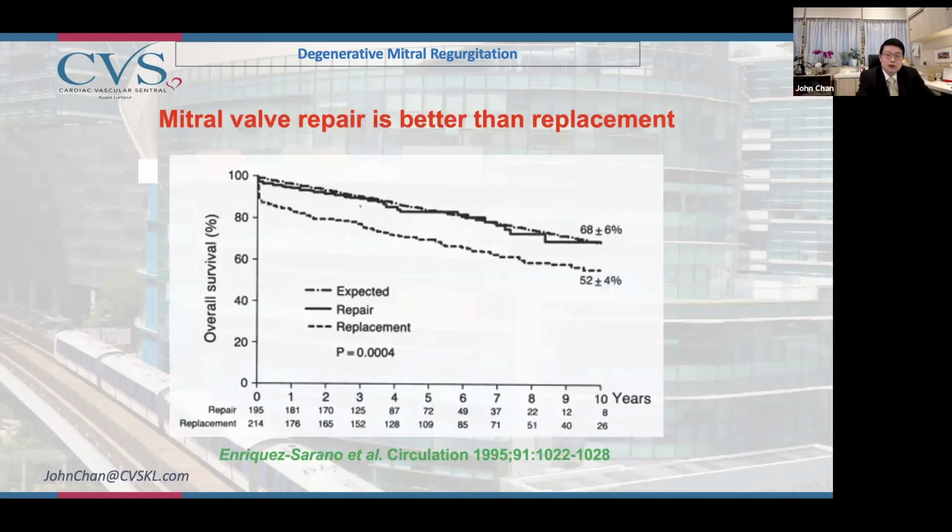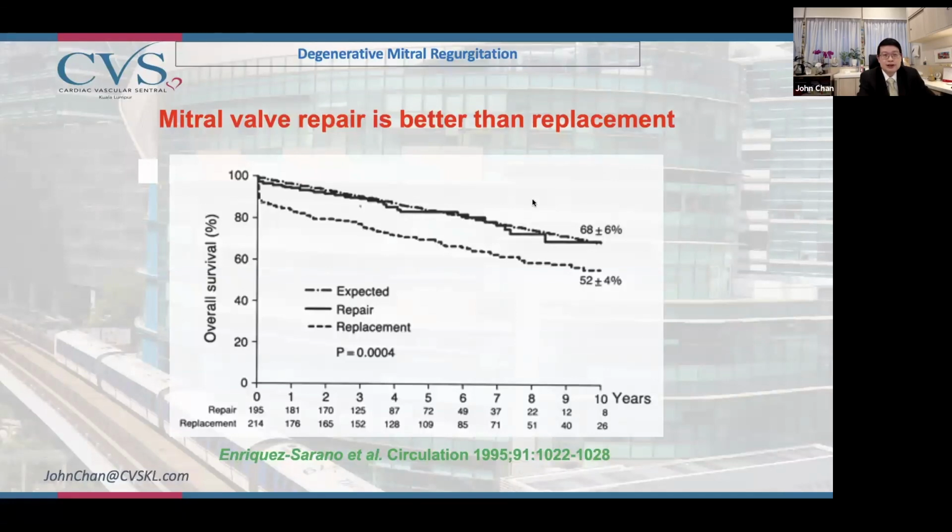And we now also know that if we're able to repair the mitral valve, this is much better than replacing the mitral valve, because the patients who had a valve repair again live longer compared to those who have the valve replaced. And this is because it is all your own tissue and there's nothing artificial in it.